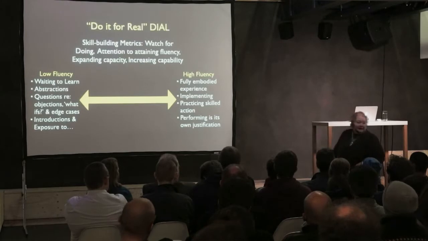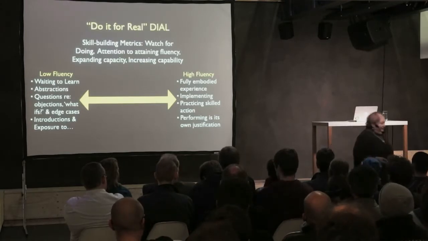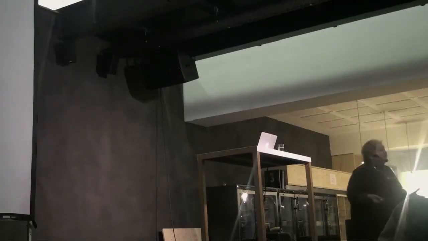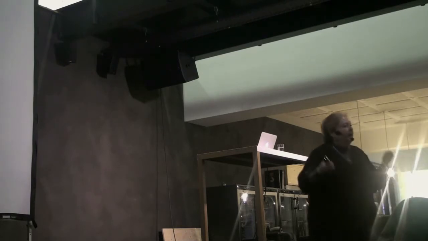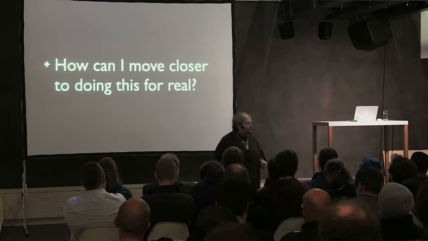Performing is its own justification. It's been an amazing thing to watch, I have to say. So always we are asking ourselves here, the question is, how can I move closer to doing this for real?